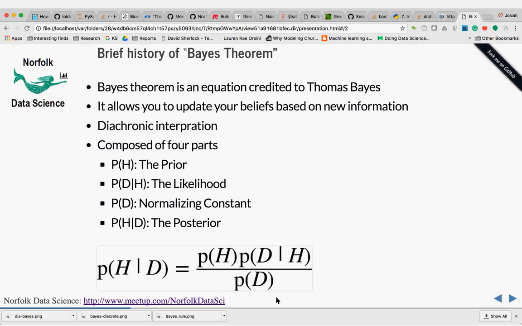So Bayes' theorem is broken into 4 parts. You have the prior, which is your hypothesis, saying what do I believe will happen regardless of any data, or what are the outcomes that I'm looking for. You have the likelihood, which is the probability of the data given the hypothesis.